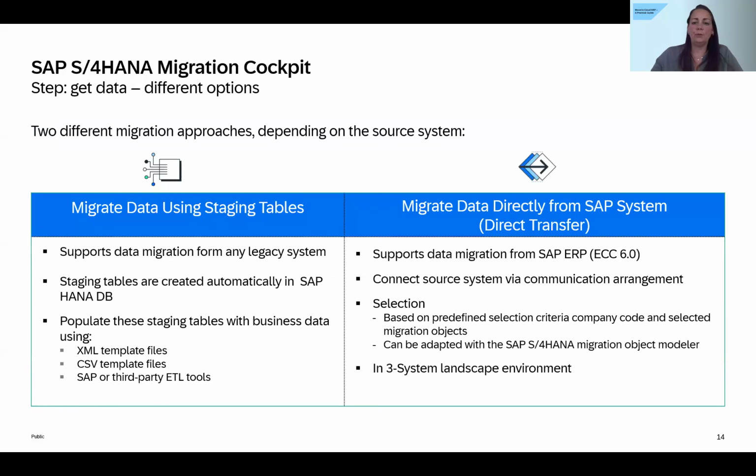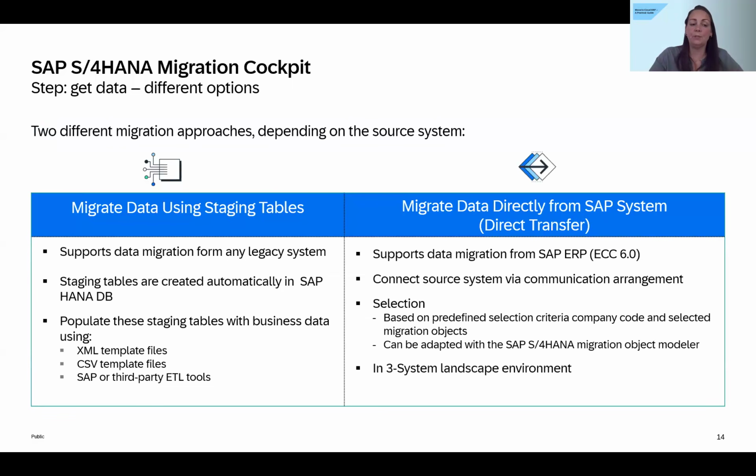Before we go into the demo, I want to compare again the two approaches we provide. As already mentioned, we have the staging tables approach. This is used if you come from a non-SAP system, but also from an SAP system.